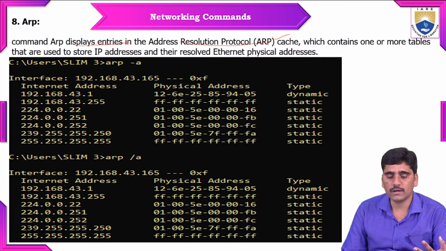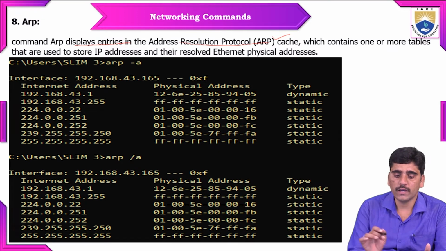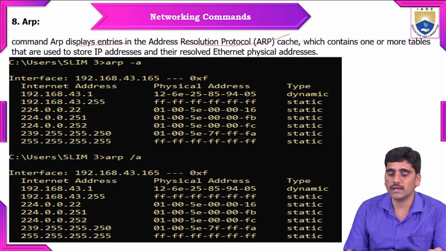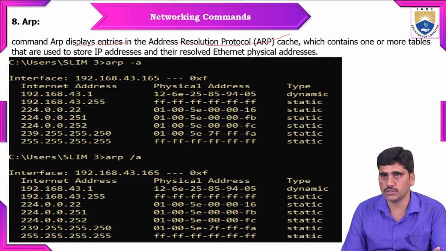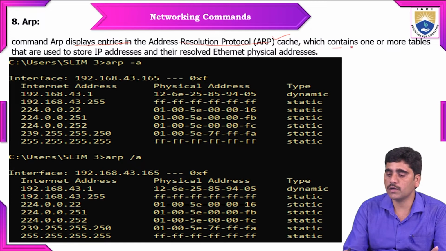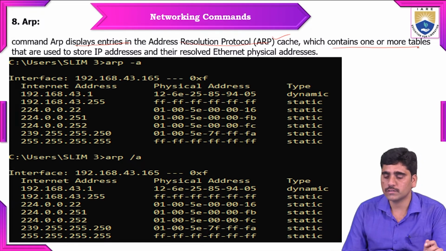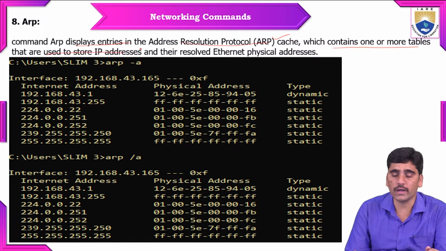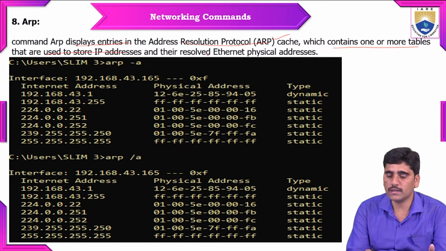So those addresses are stored by the ARP command. The ARP cache contains one or more tables that are used to store IP addresses and their resolved Ethernet physical addresses.